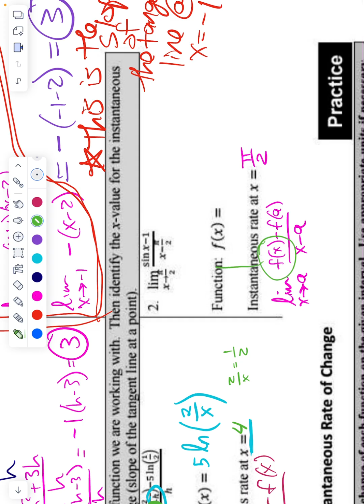F of x is the first thing in the difference quotient. So what's our function? Just sine of x. This is one of the reasons I said you might like this form better sometimes, because of these problems. It's definitely easier. Any questions on that one?